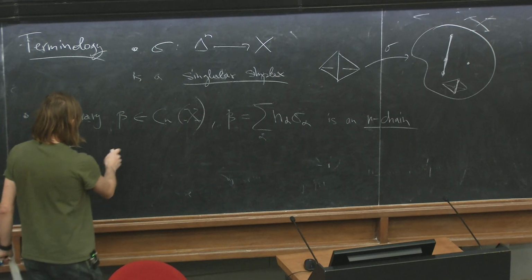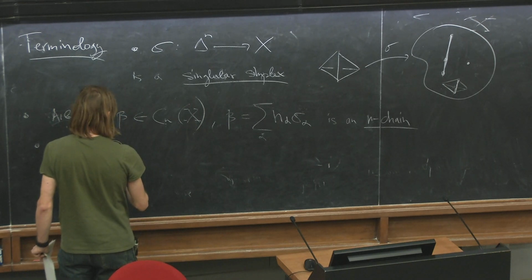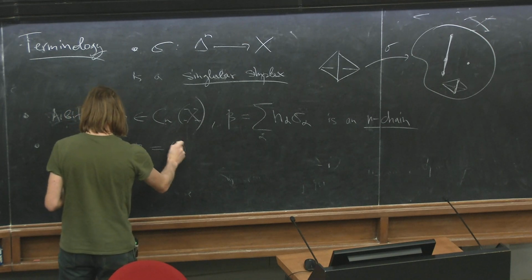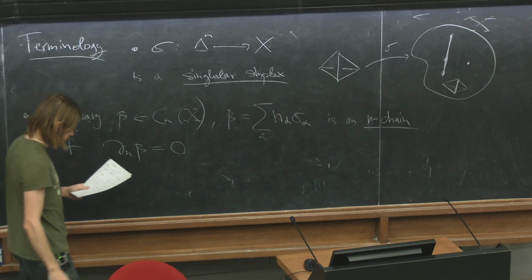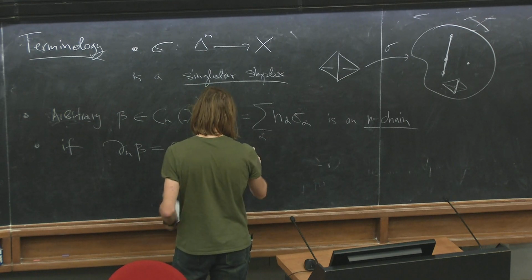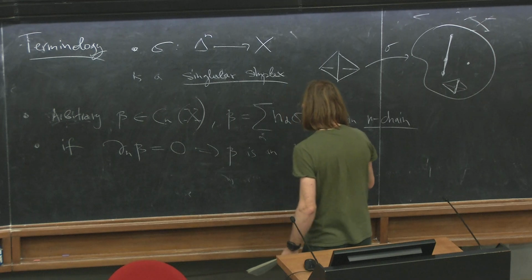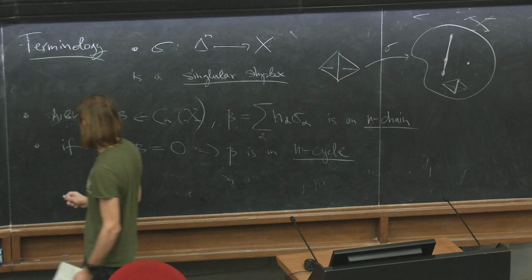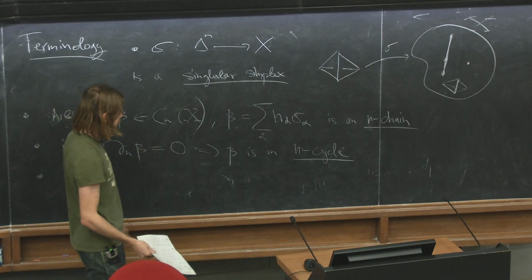And now if we consider an element of a chain complex such that dn acting on it gives 0, in this case beta is called an n-cycle, meaning that it has no boundary.